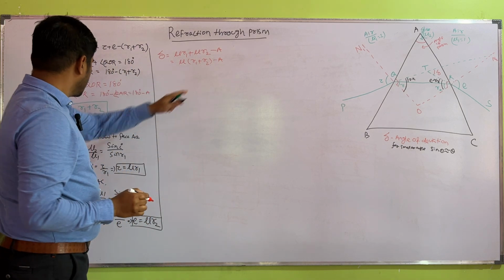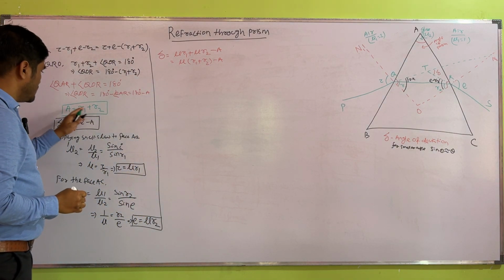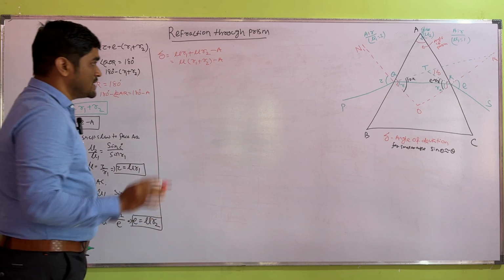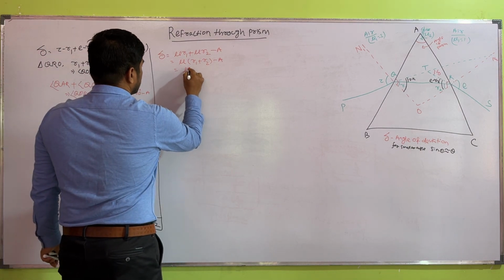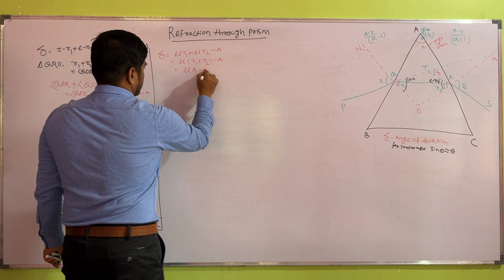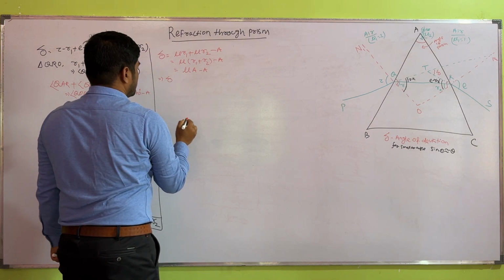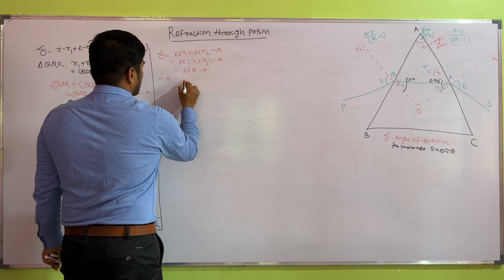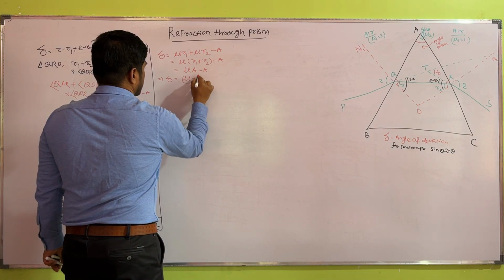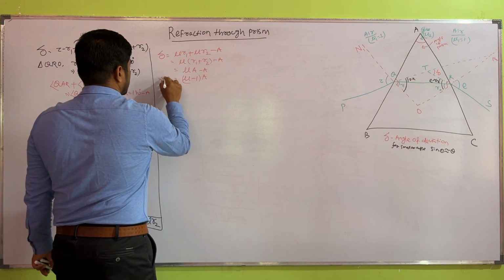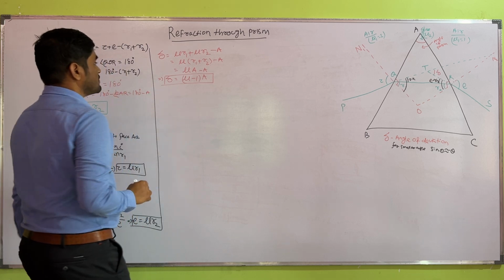What is r1 plus r2? r1 plus r2 equals A, the angle of prism. So this will be mu A minus A. Taking A common, the angle of deviation delta will be (mu minus 1) into A. Clear?